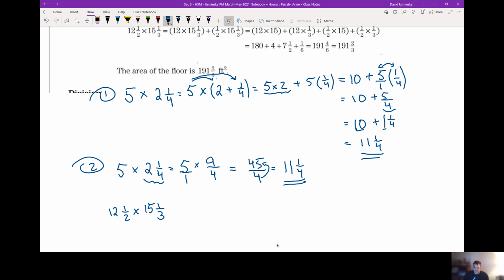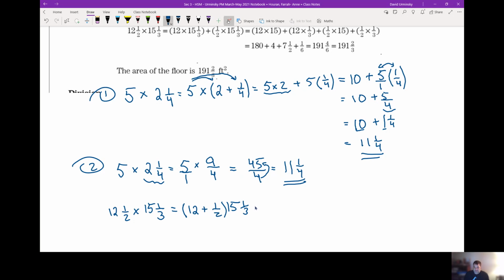Okay, so what do we do with this? Well, the way they've done it is kind of confusing. So what they've said is that 12.5 can be written as 12 plus a half. And they've multiplied that by 15 and a third.